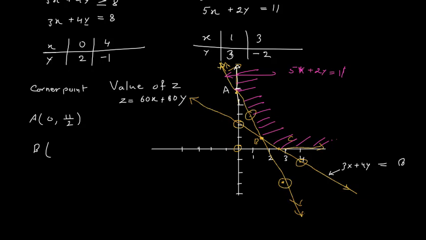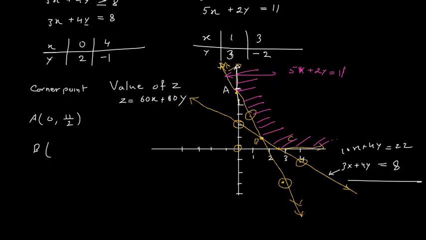Now I will solve these two equations and find the value of point B. Here it is 2y, here it is 4y, so I will multiply this equation by 2. I will get 10x plus 4y equals 22. You solve it separately.